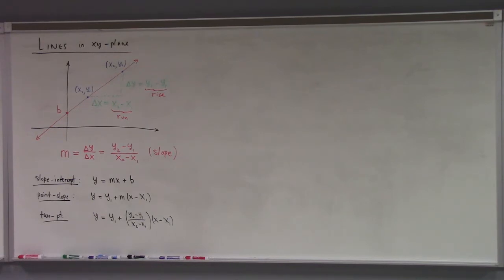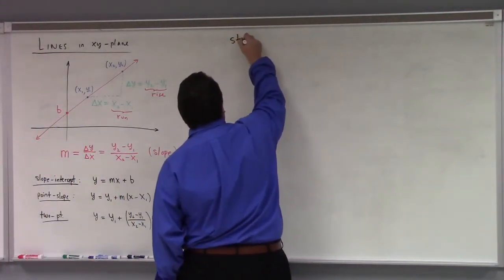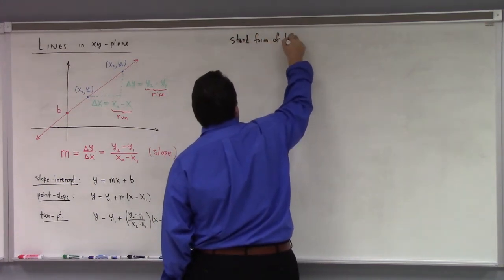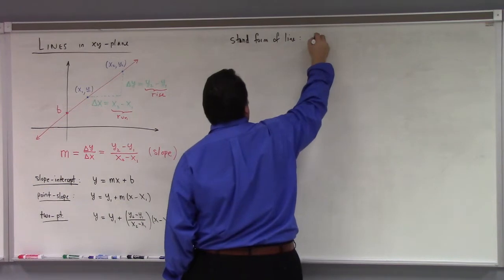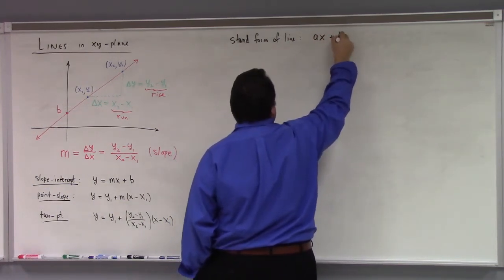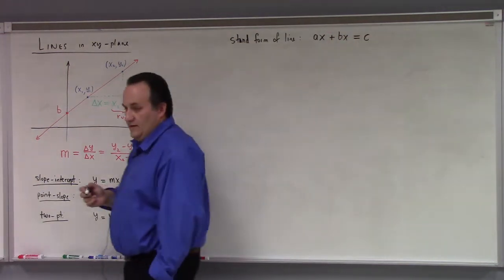Can anybody tell me, is there any other common form of the equation of a line? So your book talks about the standard form. What's that? Well, there's no squared, but how about ax plus bx equals c? Now, I know what you're thinking about.